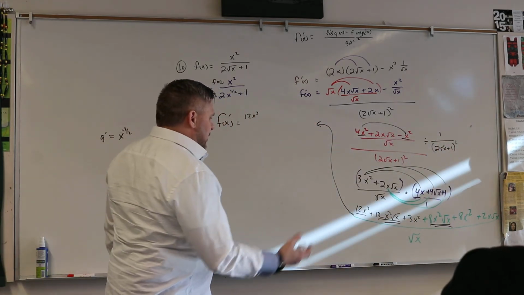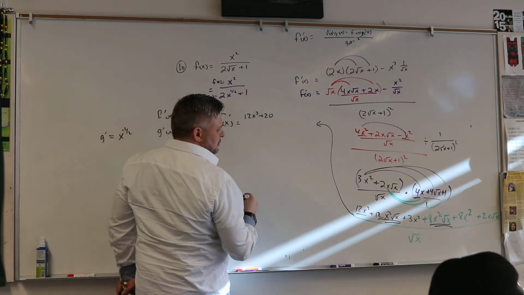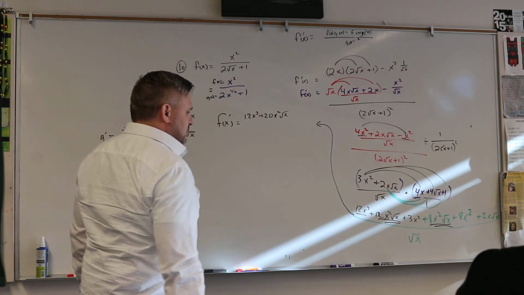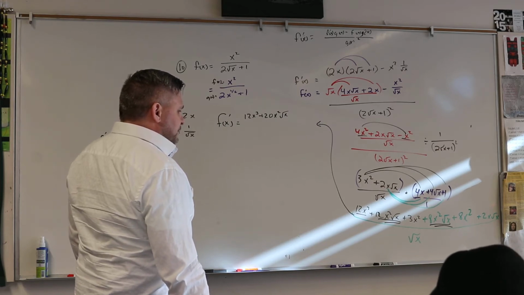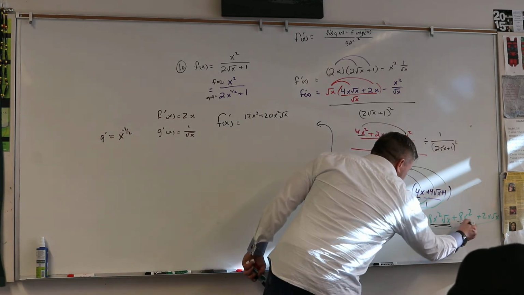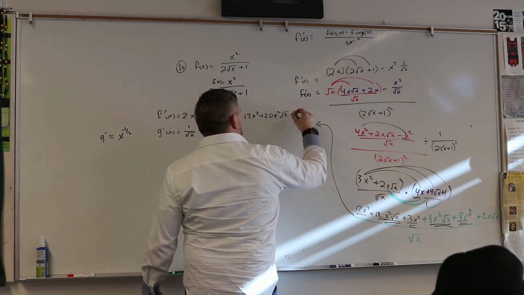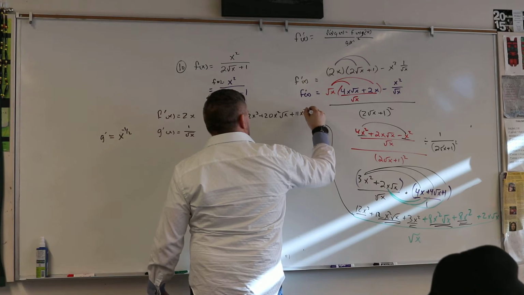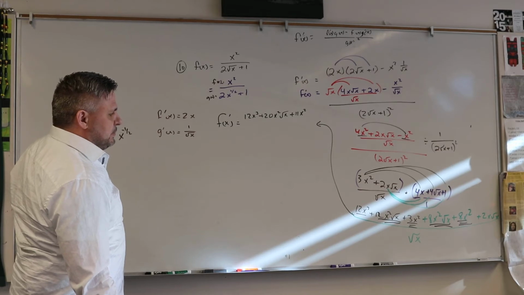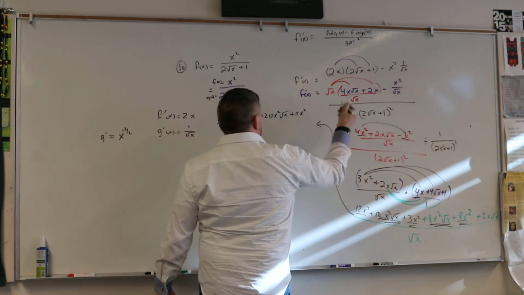Yeah? So I'll collect those, and that would be 20. So plus 20x squared square root x. Yeah? Then we've got the x squareds. We got 3 and 8, so that would make 11x squared. Yeah. And then plus 2x square root x.